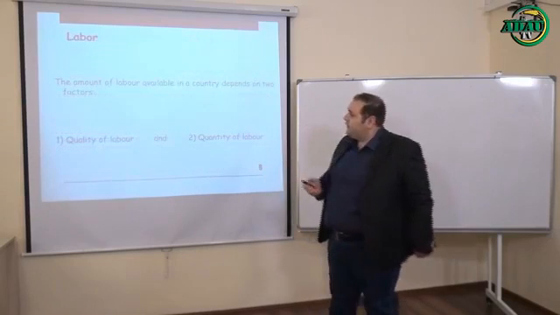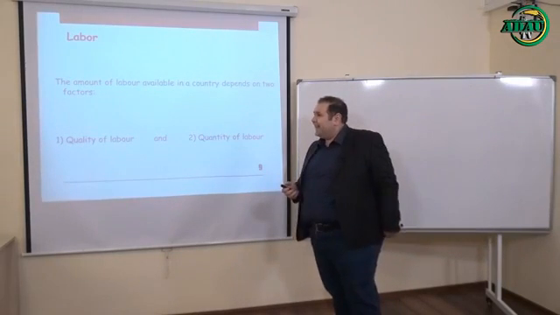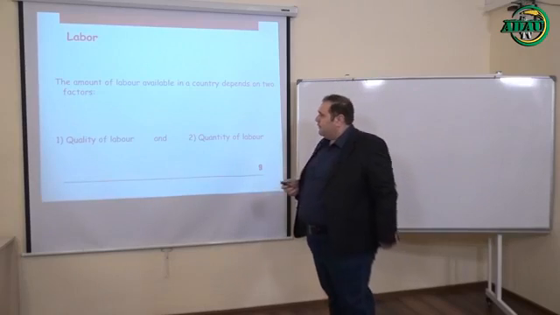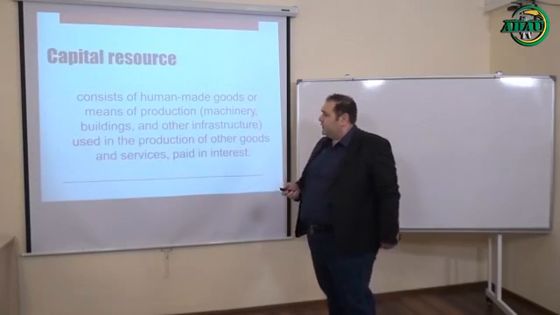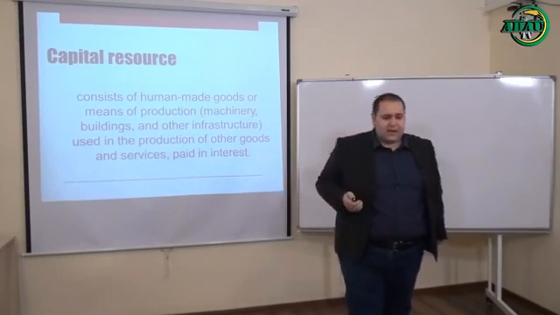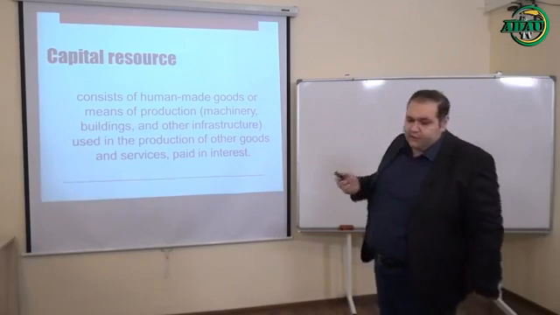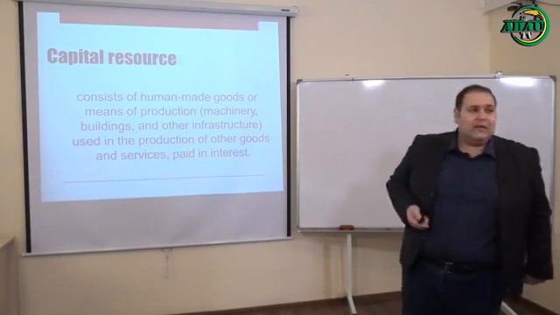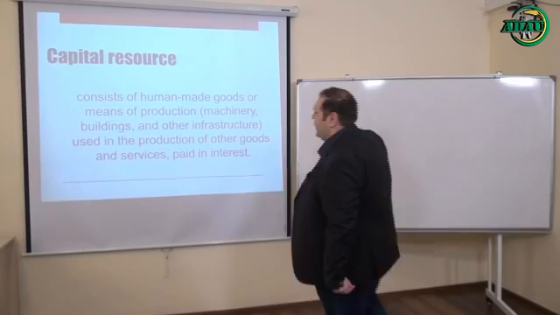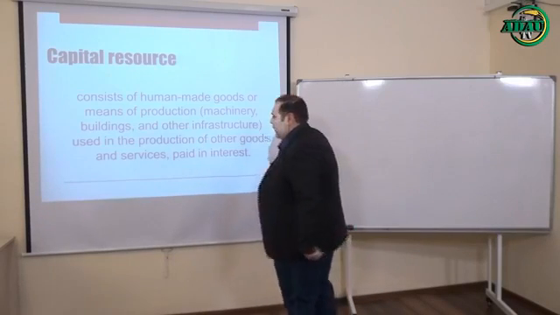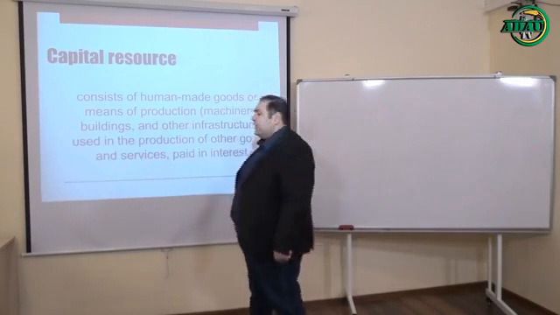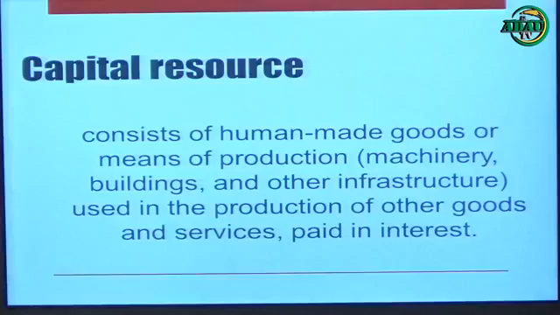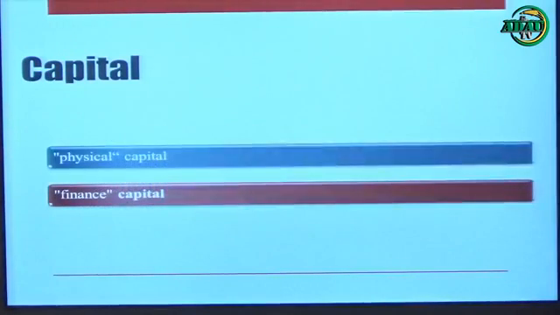The next factor of inputs, or next economic resource, is capital resources. Capital consists of human-made goods or means of production, such as buildings, machineries, equipment, or other infrastructure, which are used in the production of other goods and services, paid on interest. Capital resources are also divided into physical capital and finance capital.